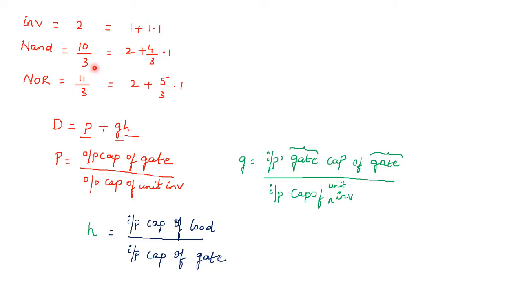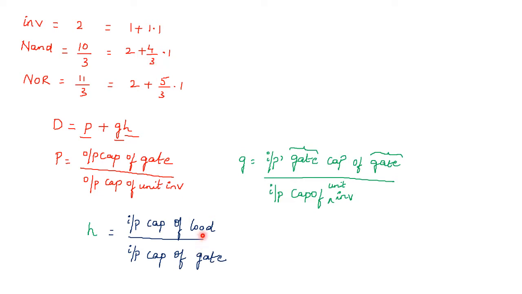Similarly, look at the NAND gate. The parasitic capacitance of the NAND gate divided by the output parasitic capacitance of the unit inverter: this was 6 in the case of NAND, and this is 3. Therefore, the ratio gives 2, so the parasitic delay of the NAND gate is 2. The input gate capacitance of the NAND gate is 4, and that of the unit inverter is 3, so the logical effort is 4 by 3.